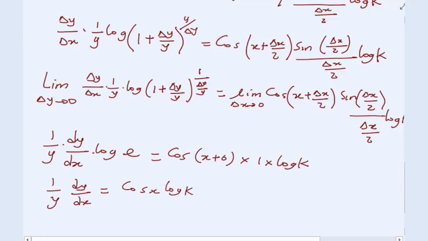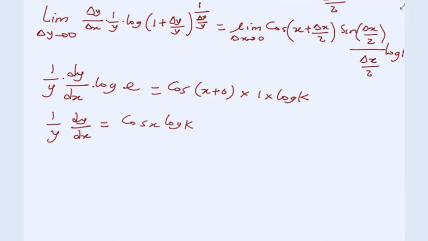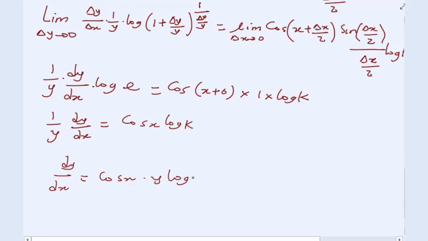So the next thing that will happen is that dy ds has to be equal to cos s multiplied by y multiplied by log k. So you can leave your answer like this, or you write what y is.